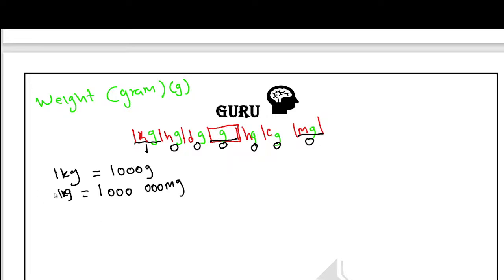Okay, so now let's check how much is 1 gram in milligrams. We're gonna have 1, 0, 0, 0, meaning that our 1 gram is equals to 1000 milligrams.